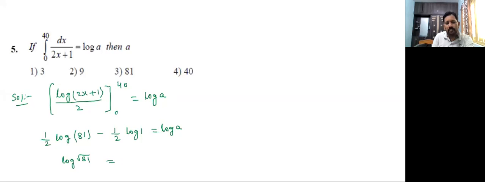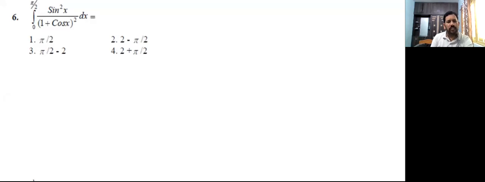That is equal to log a. By comparing both, what is the a value? Root 81. Root 81 means how much? That is 9. So the answer is the second option. Here you have to remember it. Whenever we are applying the integration, observe the x coefficient.